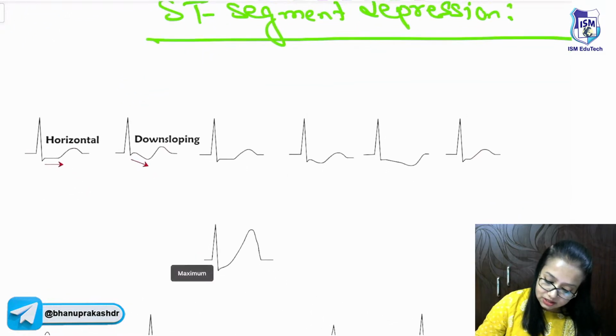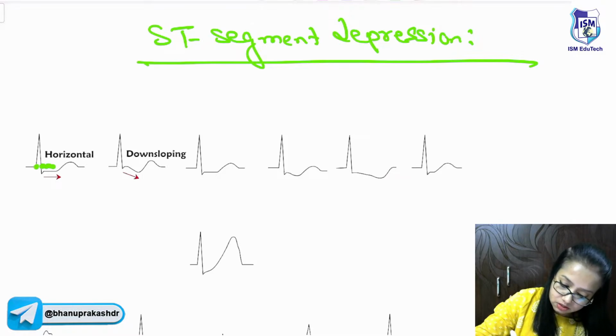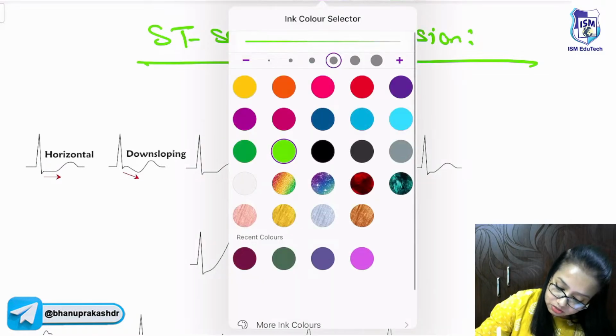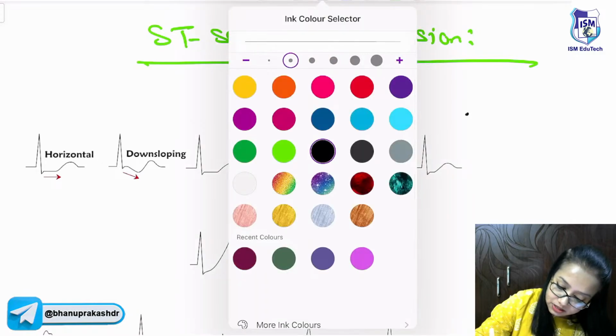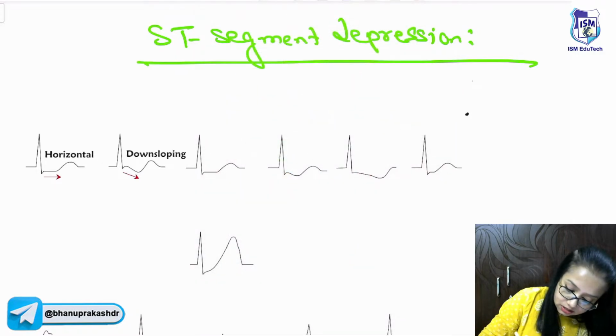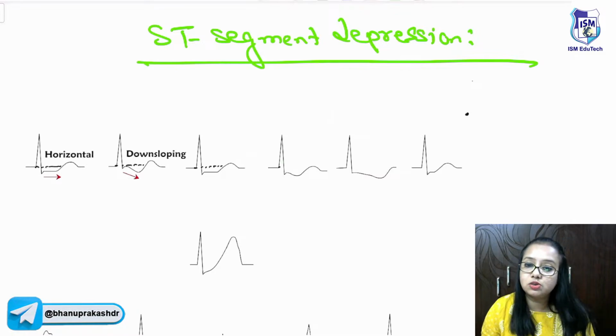So as you can see here, compared to this is our isoelectric line, as I have told you. So compared to this isoelectric line, the ST segment has gone below it. See, in all these cases, the ST segment has gone below the isoelectric line.